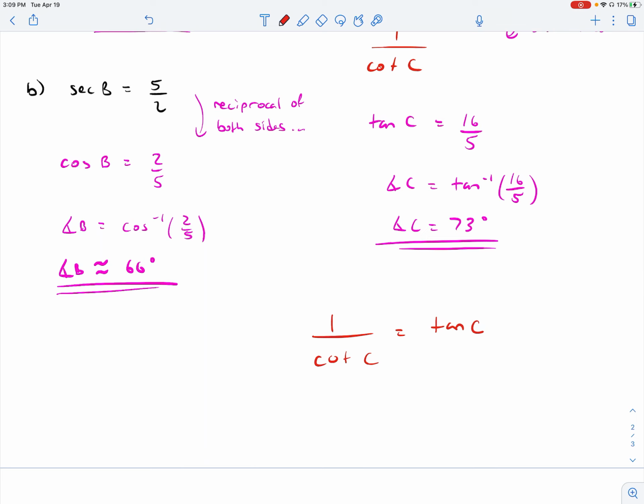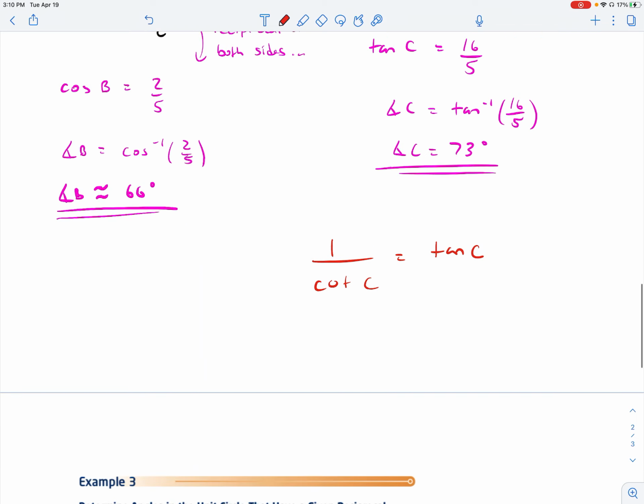I know that because cotan is actually 1 over tan. So on this side we have 1 divided by a fraction.